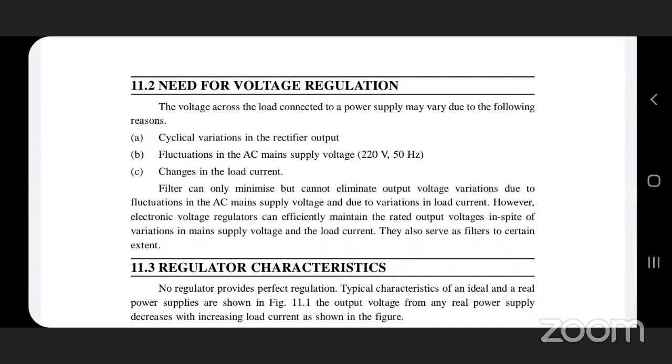Electronic voltage regulators can efficiently maintain the rated output voltage in spite of variations in the main supply voltage and the load current, and they also serve as filters to a certain extent.